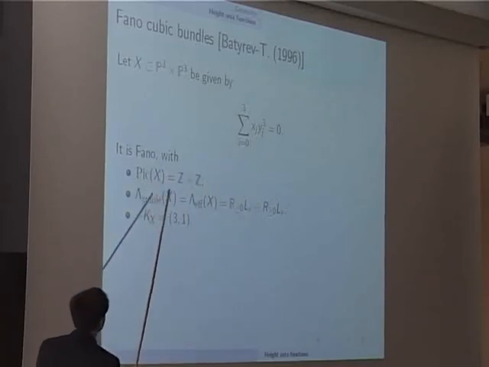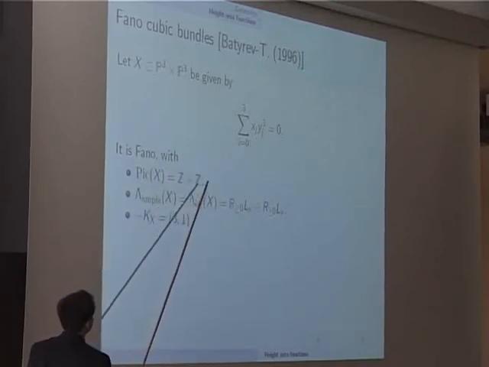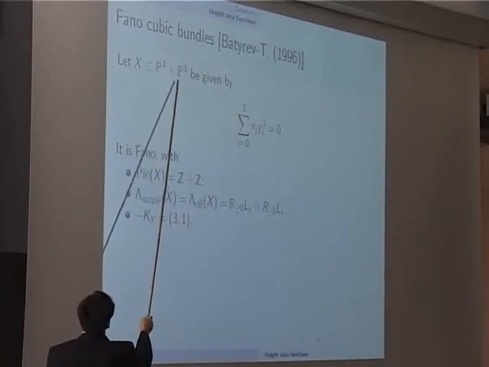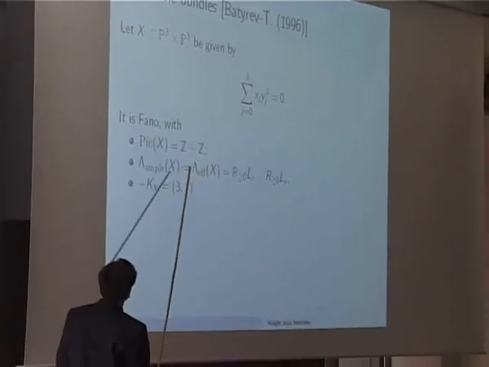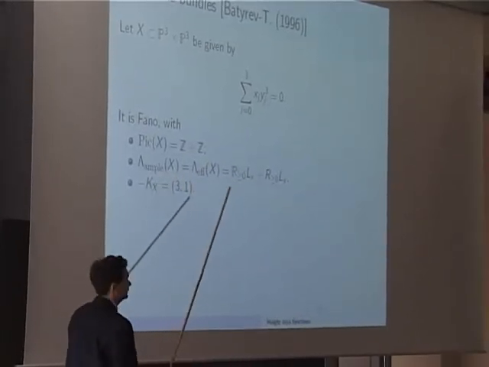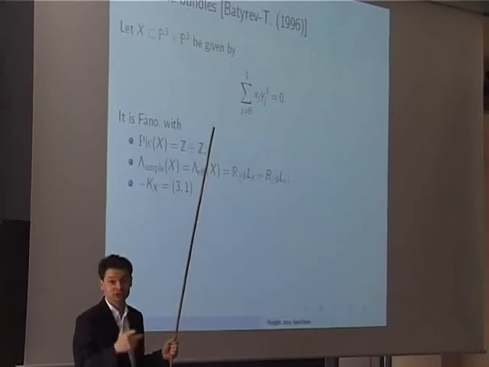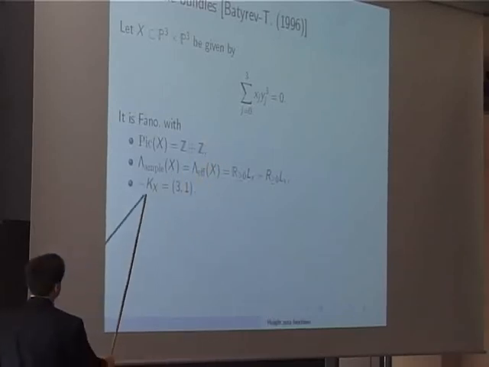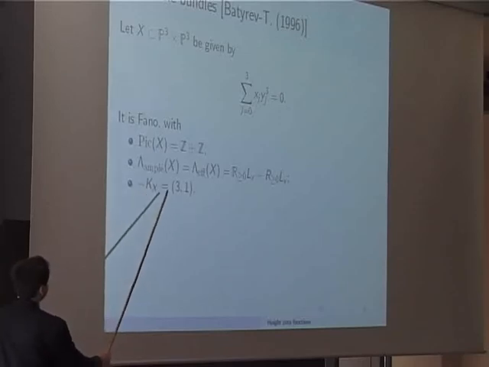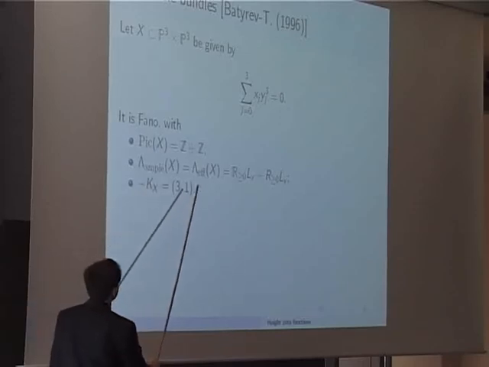The rank of the Picard group is 2. The Picard group is spanned by the hyperplane classes here and here, restricted to X. So here they are, Lx, Ly. And the ample and the effective cone are simplicial cones, just spanned by whatever it is. In any event, it's straightforward. You compute. So the anti-canonical class is (3,1).